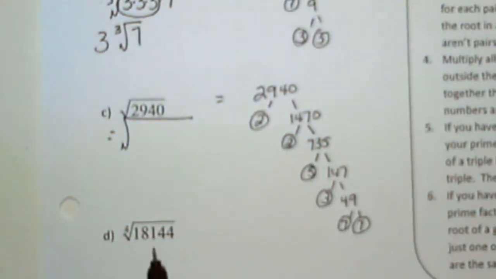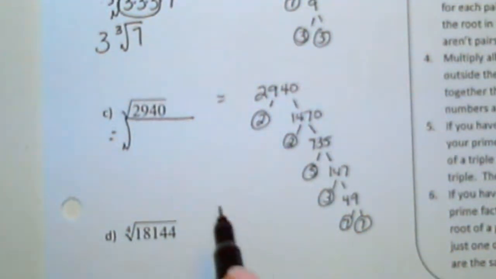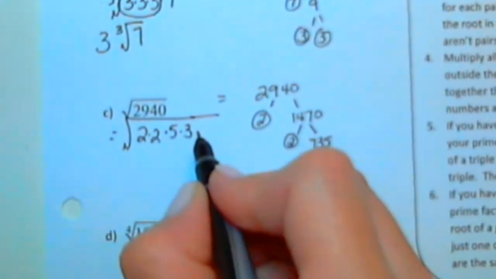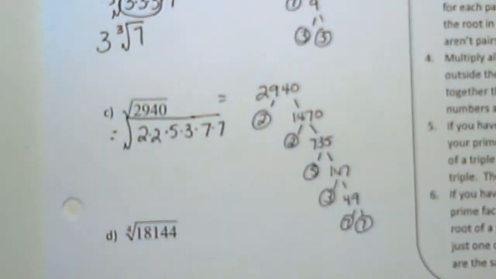What do we have here? We have a 2 times 2 times a 5 times a 3 times a 7 times a 7.